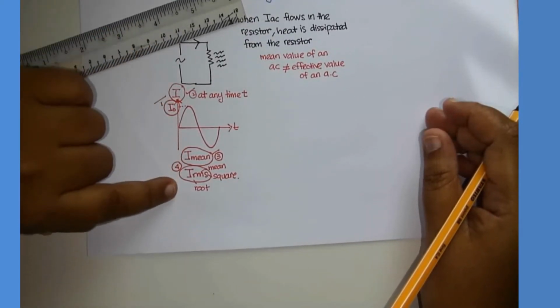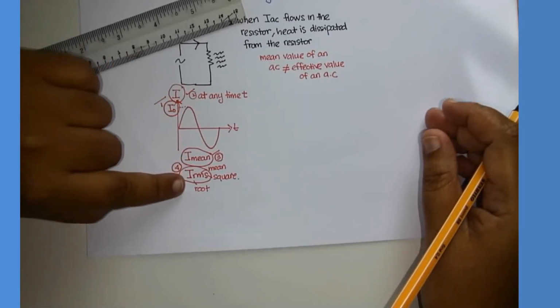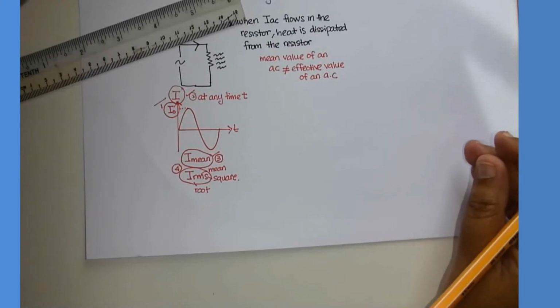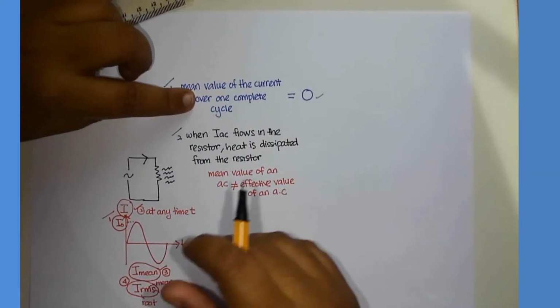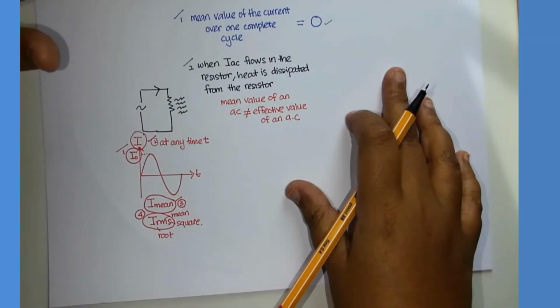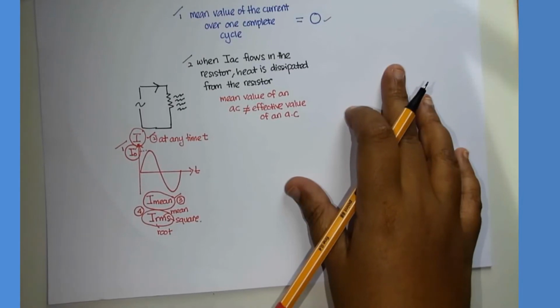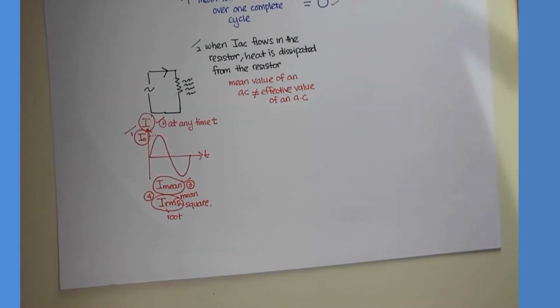So out of all these four currents, which is the effective value of an AC? I mean cannot be the effective value of the AC. So which is the effective value of the AC? The effective value of the AC will be IRMS.